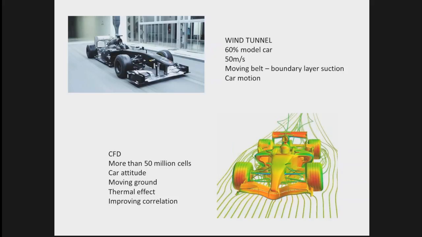We also have the moving ground, and that's very easy to do. We can also add some thermal effects, so effectively in your engine bay, the temperature of the air going through the radiators or the engine, and we can add this to the CFD model to make it even more realistic.